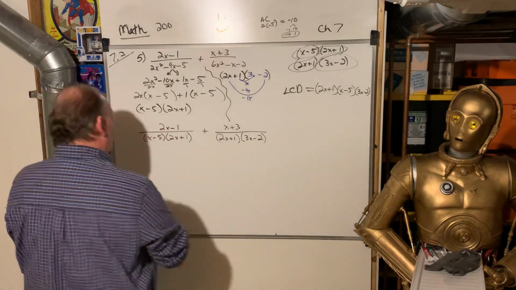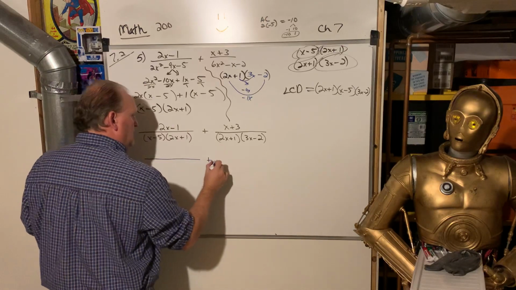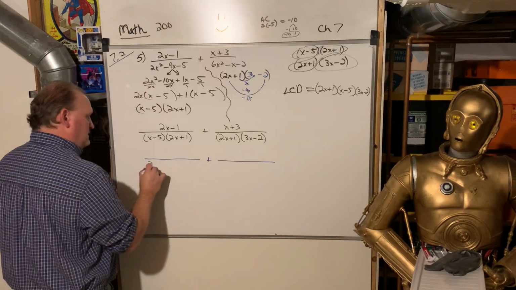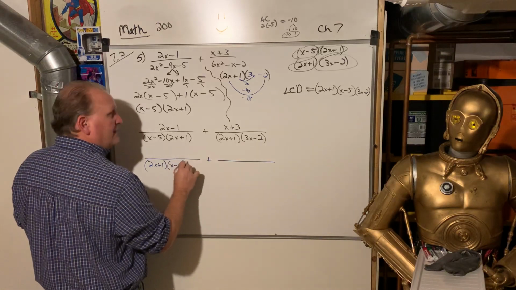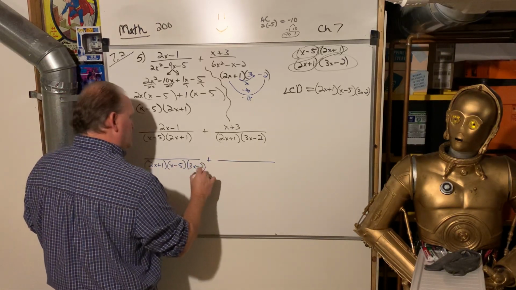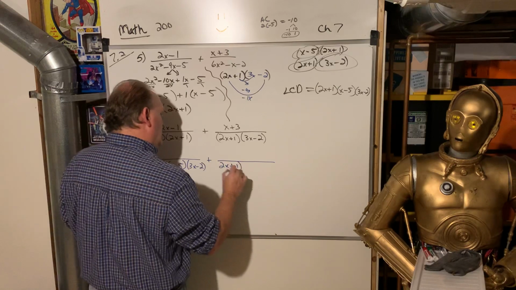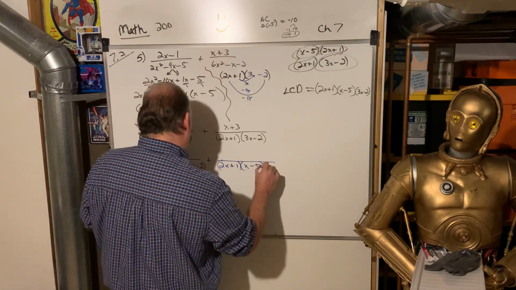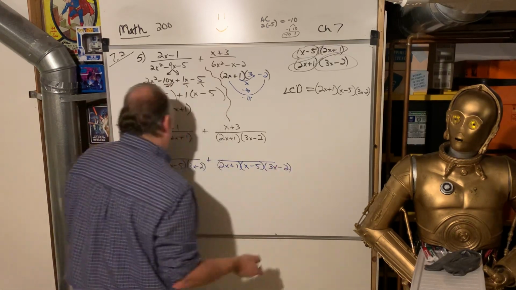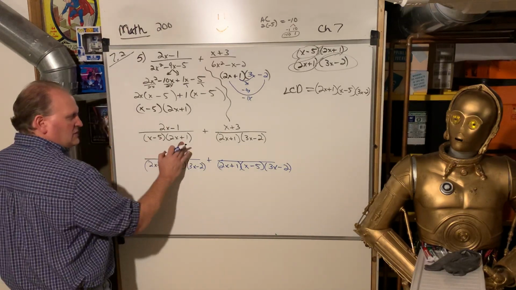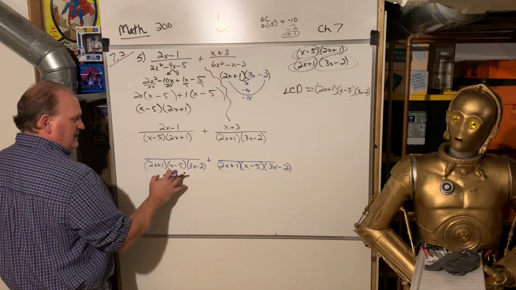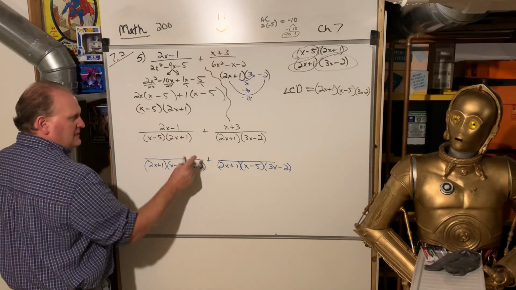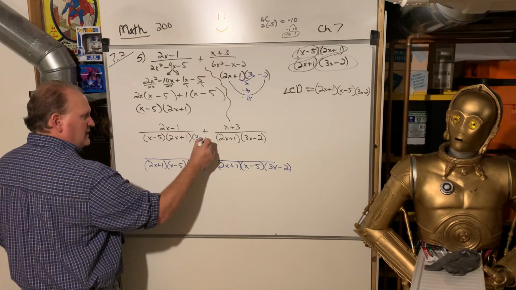So now we go on a vision quest for 2x plus 1, x minus 5, 3x minus 2. And you work backwards. So you look, there's these two things, but it's missing something. I've got that. I've got that. I don't have this. So I'm going to multiply it by 3x minus 2.